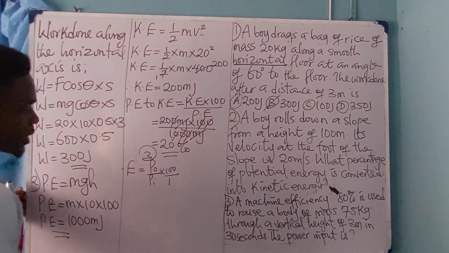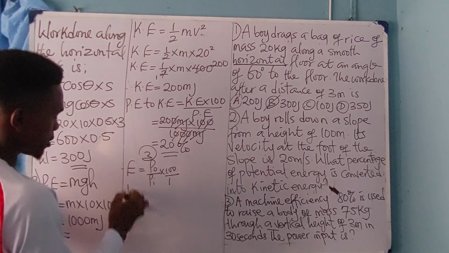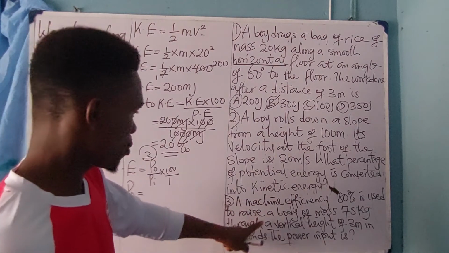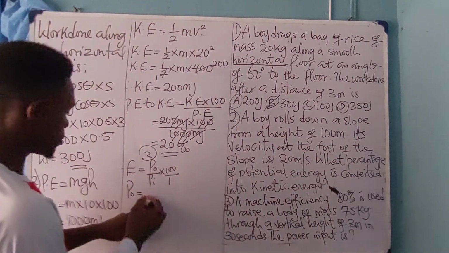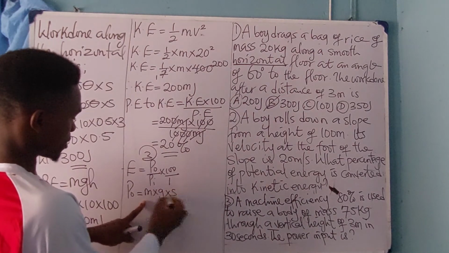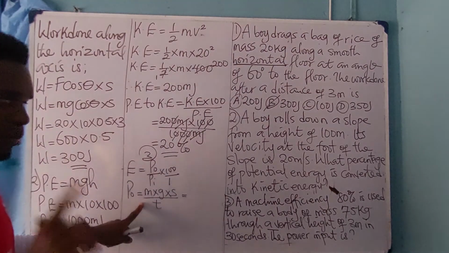1. Alright. Now, the power output here, that is the PO, is equal to mass times g times s over time. I gave us that in our previous class.